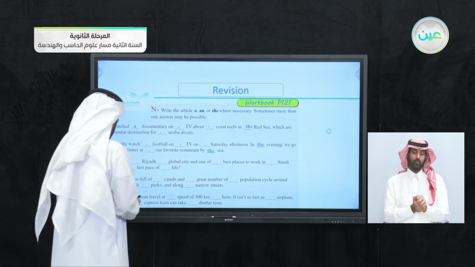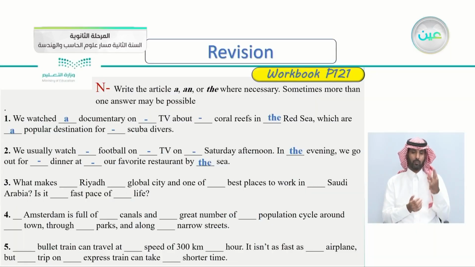Excellent. Number 3. What makes, yes, Riyadh is a city, so it doesn't take anything. What makes Riyadh a global city and one of the best, yes, one of the best places to work in Saudi Arabia? So, yes, we put nothing here.